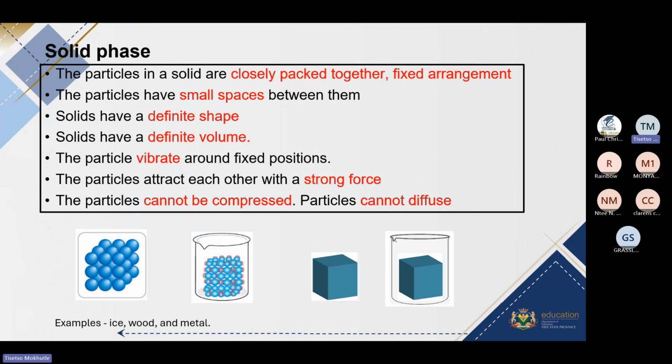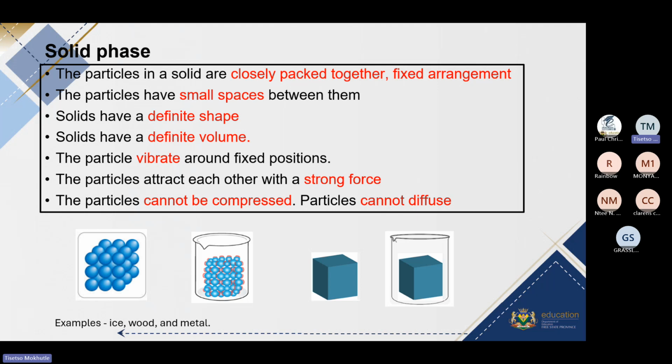The particles cannot be compressed. The reason is that there's very little space. We cannot make this cube much smaller than it is. It is difficult to make a solid much smaller by compressing it from side to side. You can maybe change its shape, but you cannot change the volume, or the space that it occupies.